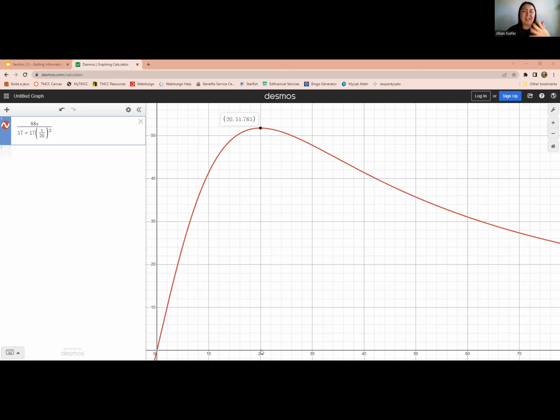Once again, remember, negative numbers just don't really make sense in this concept. You can't have a negative speed, so we wouldn't include any negative numbers. We would include 0 to 20. Then we want to know, okay, when is it decreasing? It's decreasing after 20. Now, how high it goes, we don't really know. We can safely assume that there's definitely going to be some upper speed limit, but we don't know exactly what that speed is.